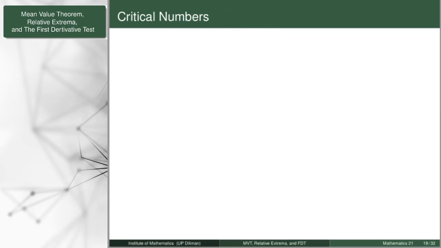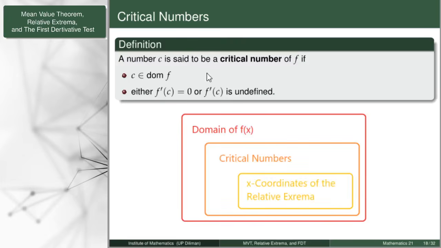Going back to the previous slide, the domain of f is a very large set. It has infinitely many numbers. And since you want to go from the domain of f to the x-coordinate of the relative extrema, instead of analyzing every single point in the domain, I will first obtain the critical numbers, thus giving you the first gate.